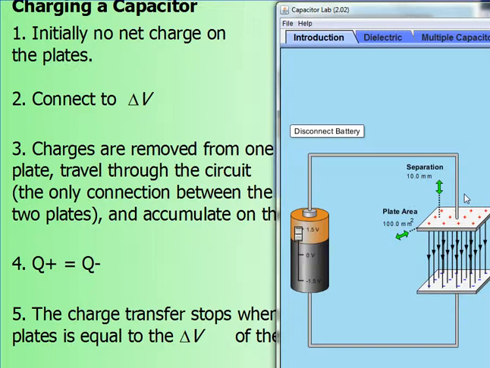Positive Q is always equal to negative Q, and the transfer will stop when the voltage between these two plates is equal to the voltage of your battery.